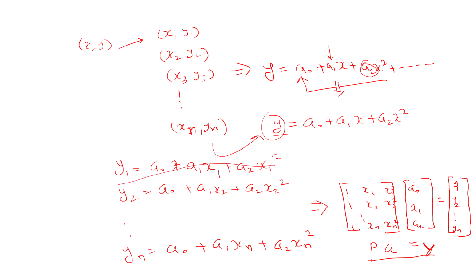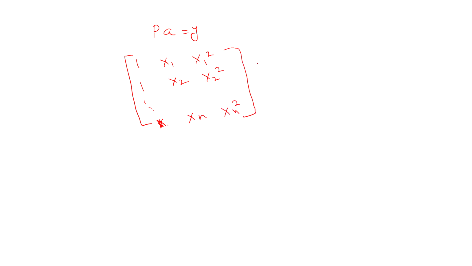Now the task remains that I want to find out this PA is equal to y, where P is 1 x1 x1 square, 1 x2 x2 square, 1 xn xn square, a0 a1 and a2 is equal to y1 y2 yn.